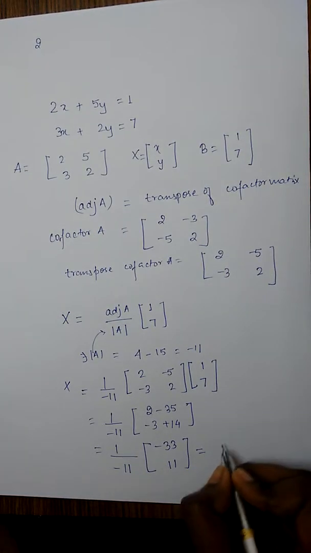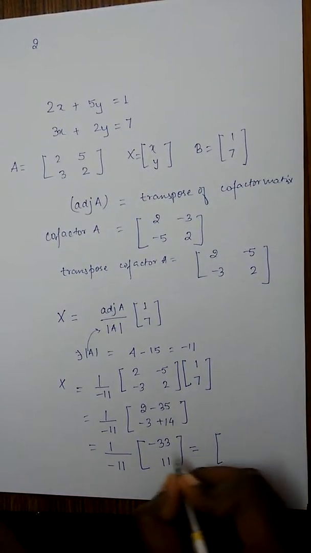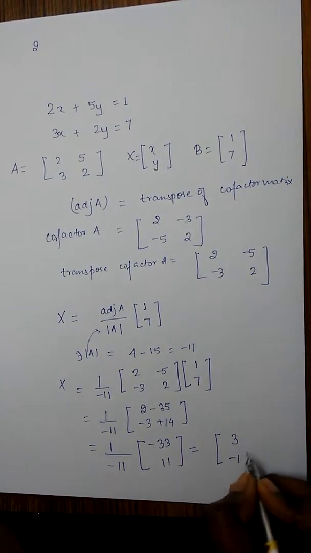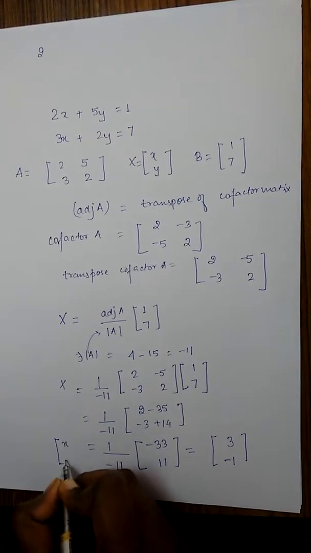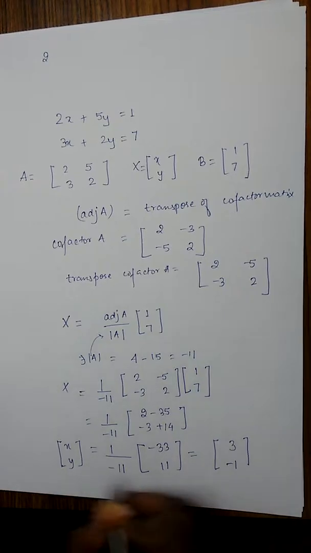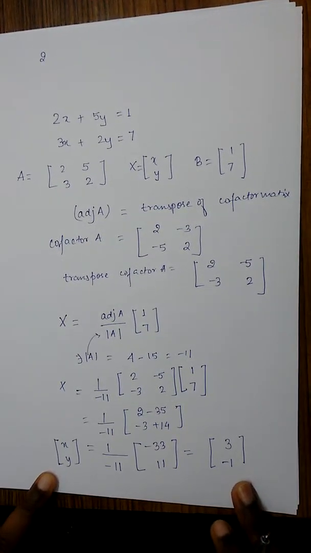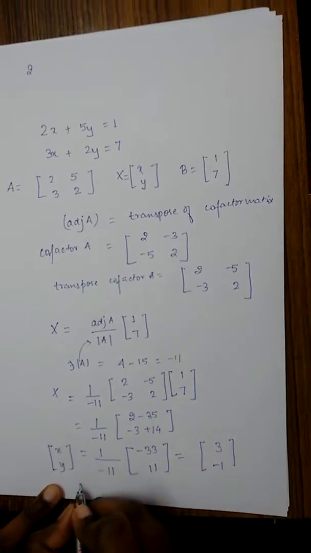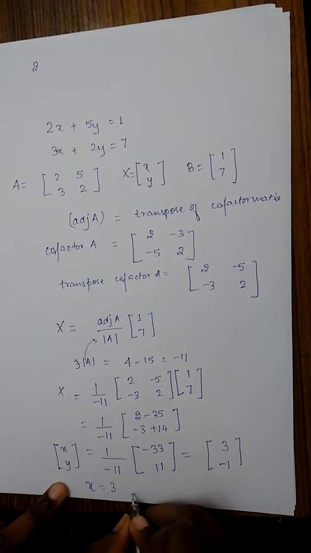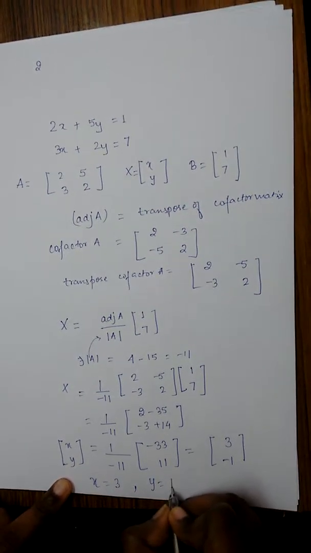So our solution will be [3; -1]. That means the X matrix is [x; y]. Two matrices are equal only when each and every element is equal. So x is equal to 3 and y is equal to minus 1.